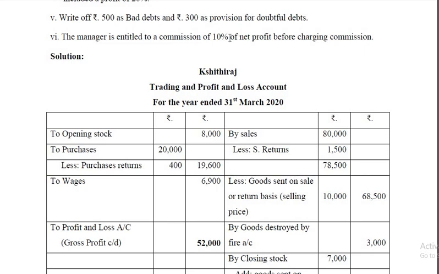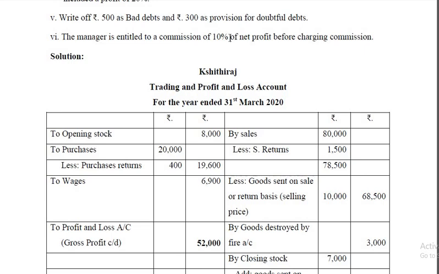So this is what you have to do. If it is given after charging such commission, then the procedure is the same. The formula is different, that is 10 by 110, because the difference which we call net profit includes not only net profit but also commission thereon.